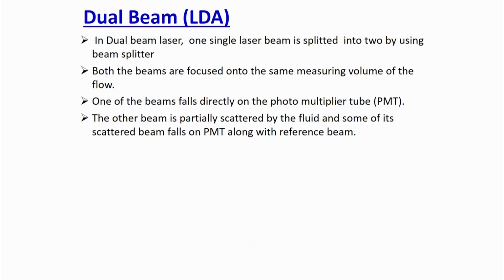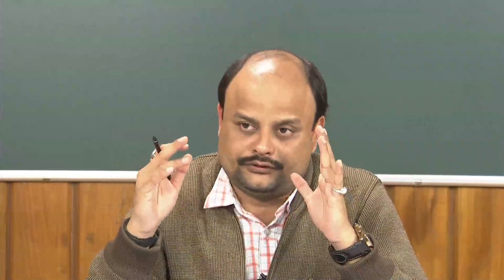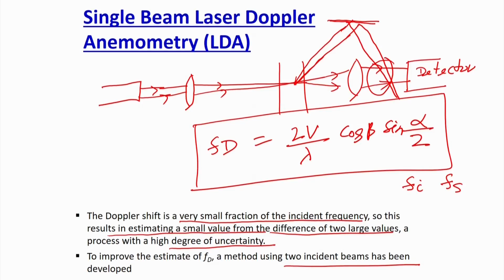I hope it is clear why we are developing the two beams, because we are going to calculate the FD by subtracting Fi, the incident frequency, from Fs, the scattered frequency. And to do that, we have already mixed the two waves at this place before it goes to the PMT. So, you have to measure that.